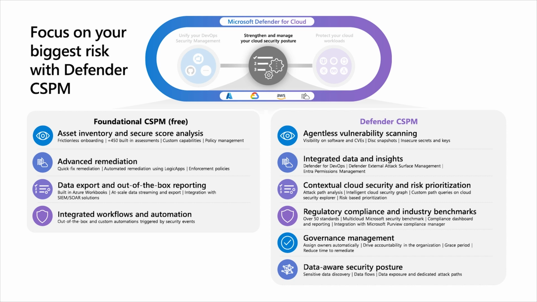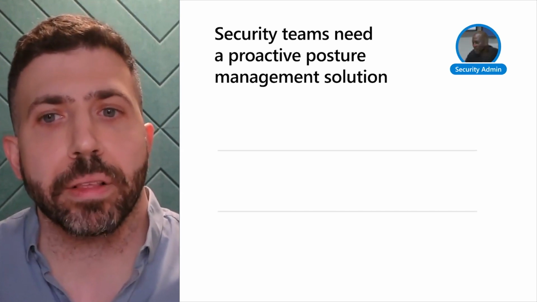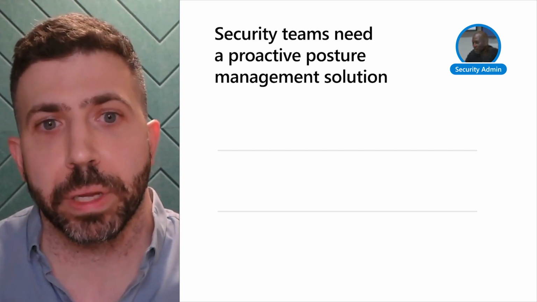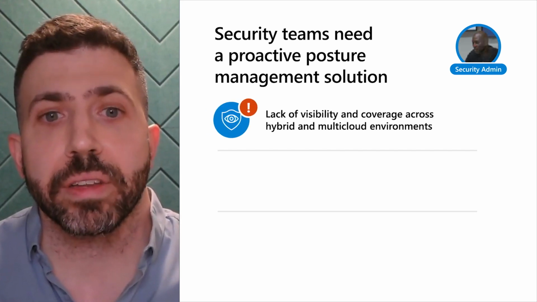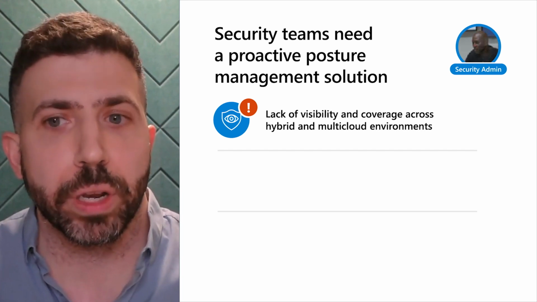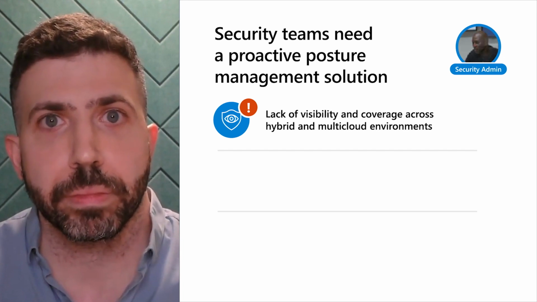But before that, let's recap some of the main customer pain points we have seen. Today's security admins are faced with three main complex scenarios when working to reduce risk across the environment. First, how can security admins gain visibility of their multi-cloud environments to find the most important potential risks?